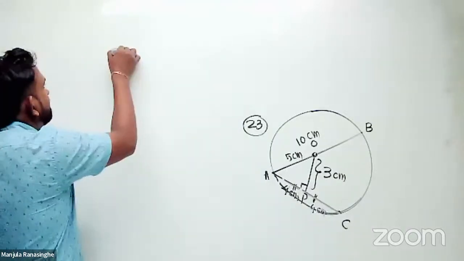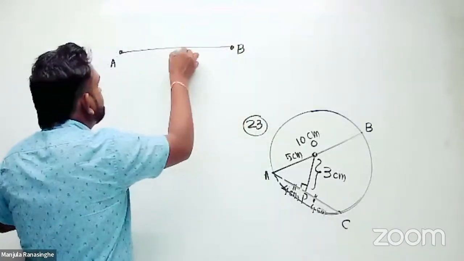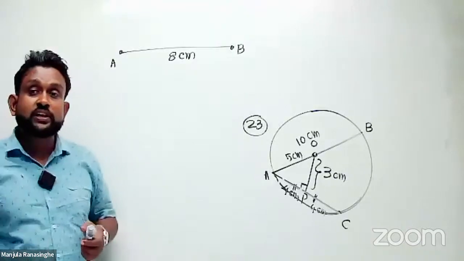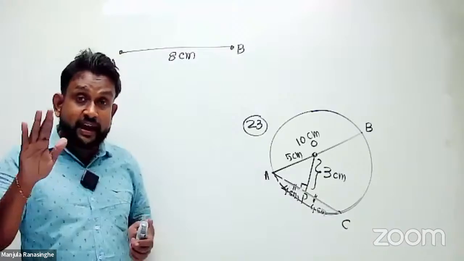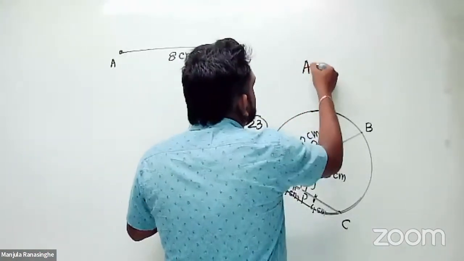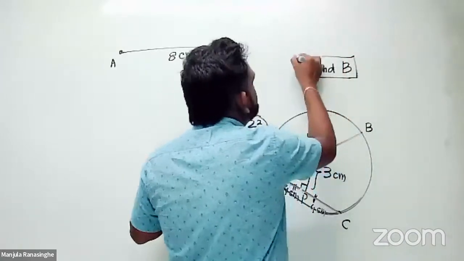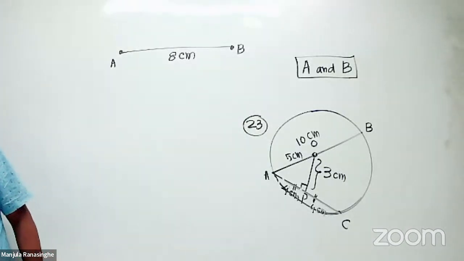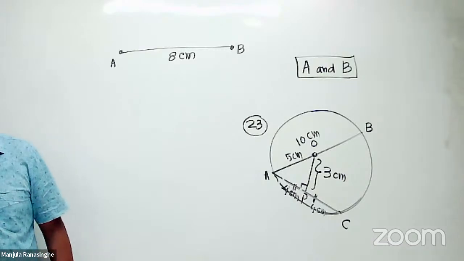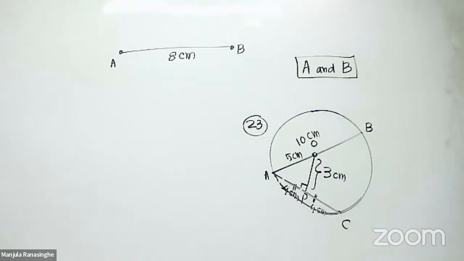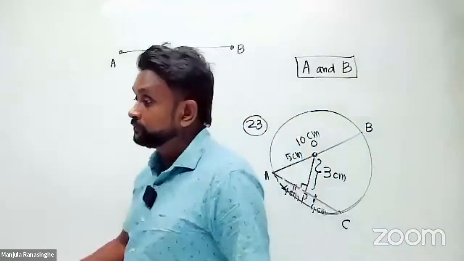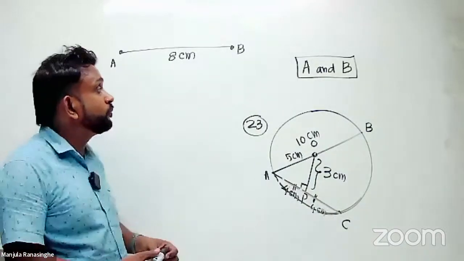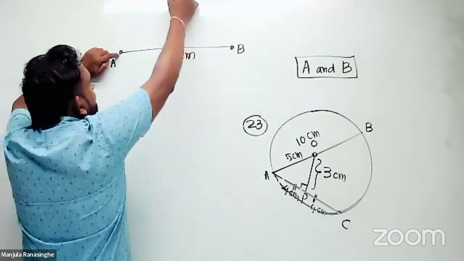Using the knowledge of loci, draw a sketch to show the locus of points moving equidistant from the points A and B. Remember they are saying equidistant to A and B. What is equidistant to two points? Equidistant to two points A and B means the perpendicular bisector.